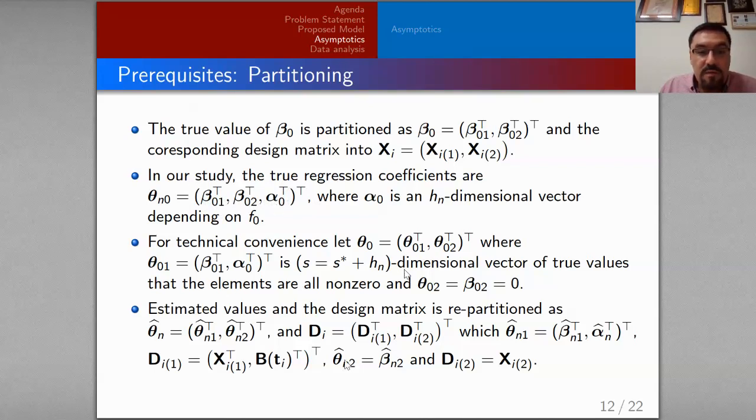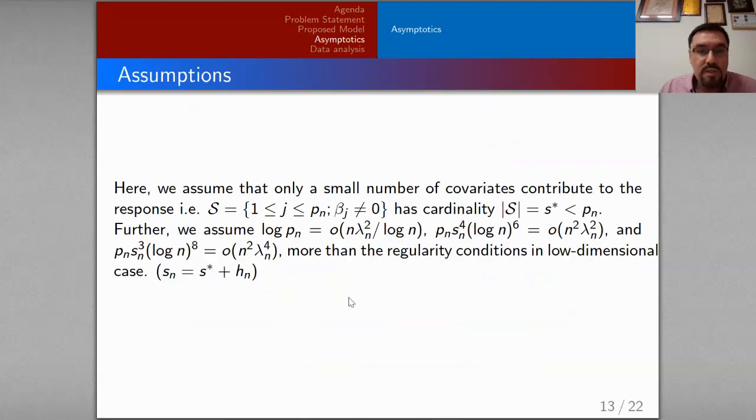We also make some other assumptions. Accordingly, the design is divided into di1 and di2 in order to point to beta naught 1 and beta naught 2. Further, we assume only a small number of covariates contribute to the response, which means we are actually considering a sparse kind of modeling.